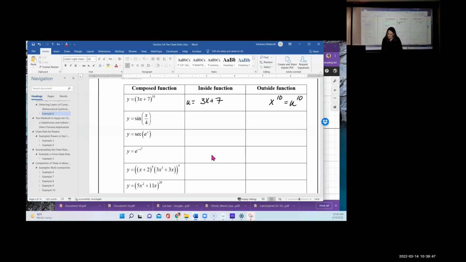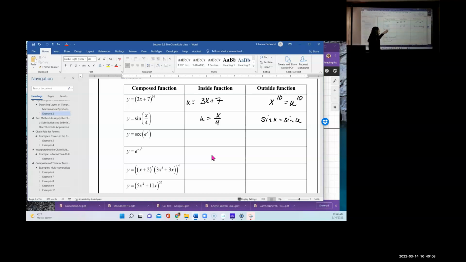So the inside function is x over 4. And the outside can be written as sine of x or sine of u, whichever way you prefer to do it. And it depends on which method you use as well. All right.